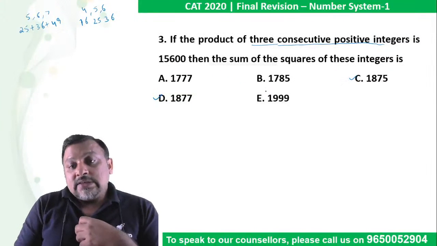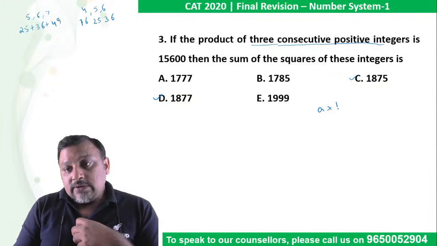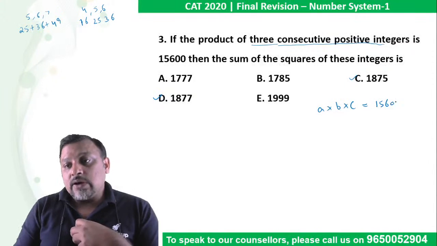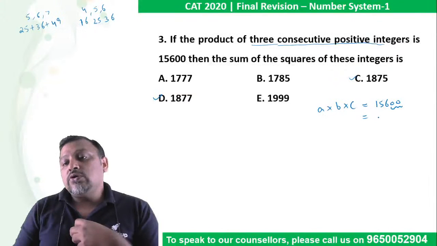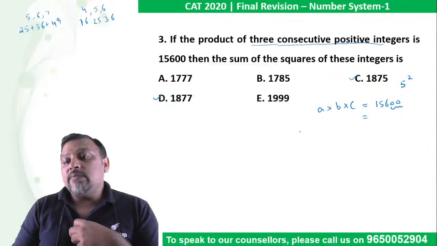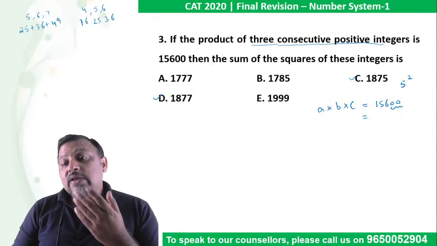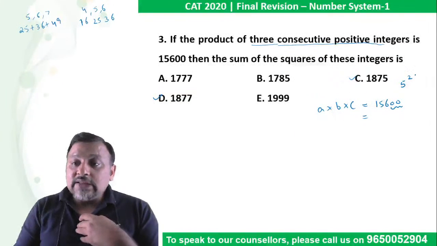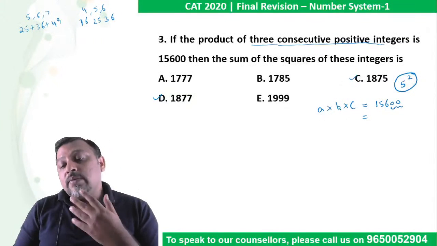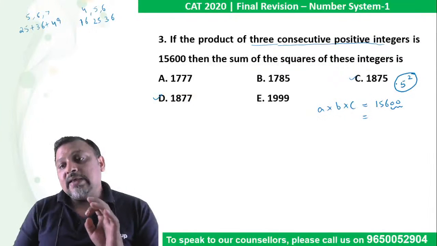See, if I assume the three numbers as A, B and C, the product is given to be 15600. Since we have two zeros in the end, I must have 5 squared in the number. And here we have consecutive numbers, so this 5 squared must be completely in one of the numbers.